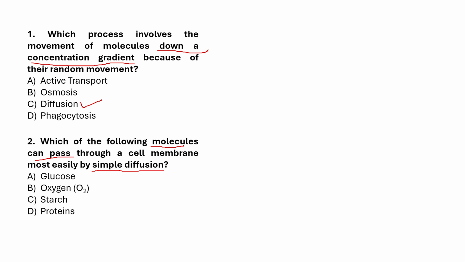They require a special mechanism to pass through a cell membrane. But the answer here is oxygen, B, because this is a small non-polar molecule, and small non-polar molecules like oxygen and carbon dioxide can easily slip between the phospholipids of the cell membrane. But larger molecules like glucose, starch and proteins are too big. They require a transport protein.